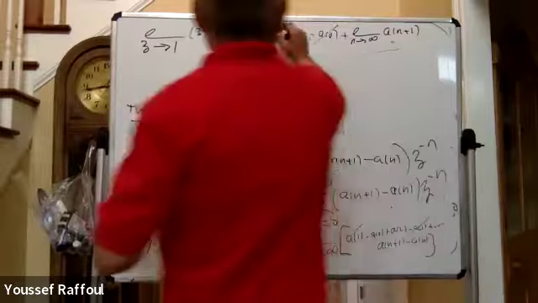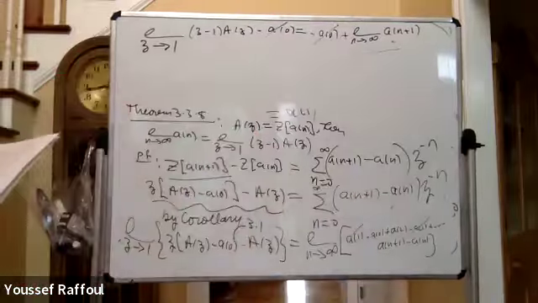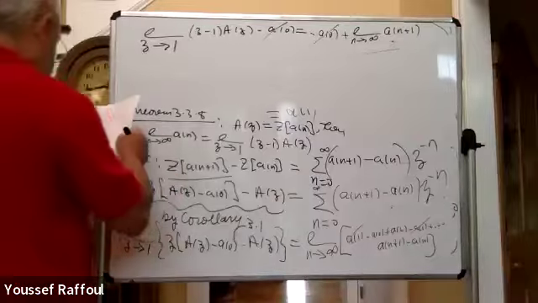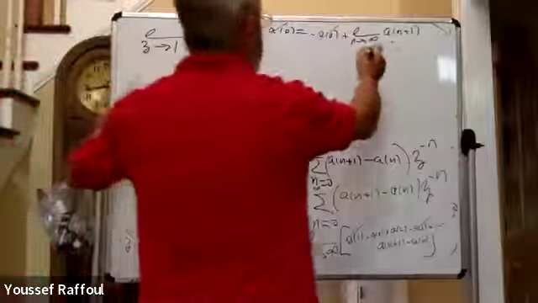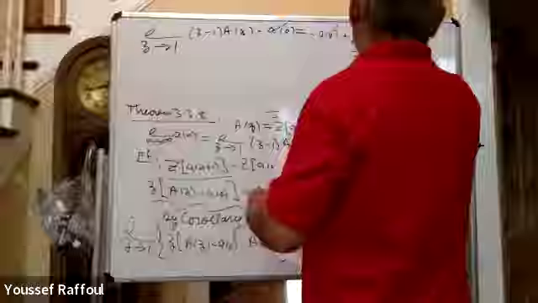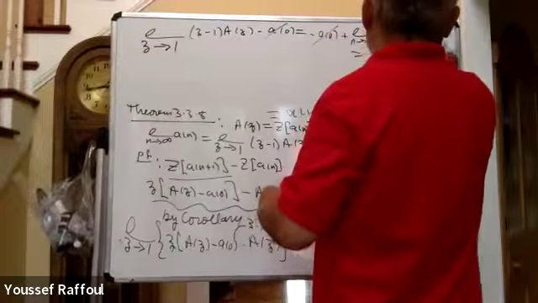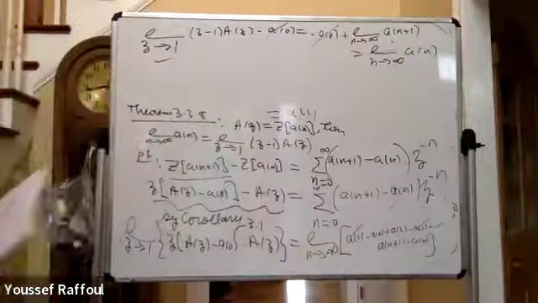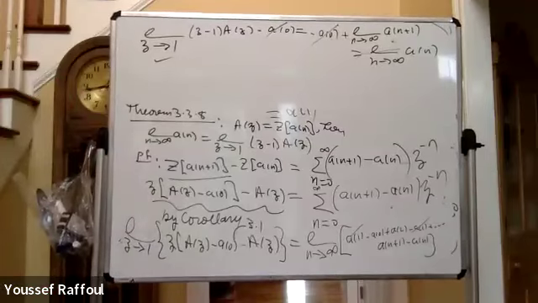So this cancels with that. This is the same as the limit as n goes to infinity of A_n, and then we have the result, because the limit of A_(n+1) or A_n as n goes to infinity is the same.